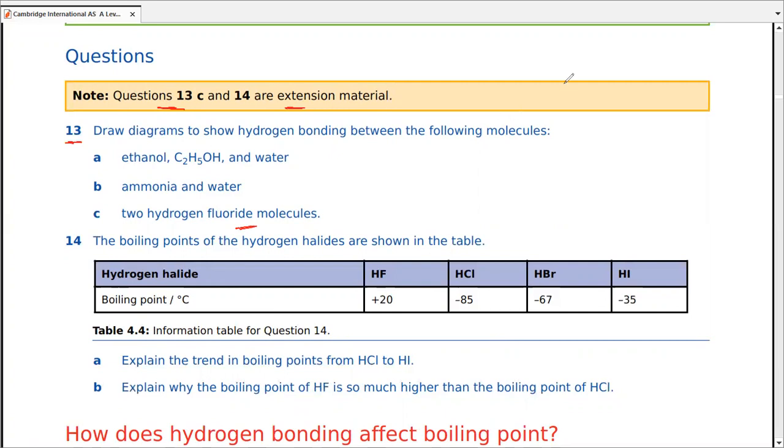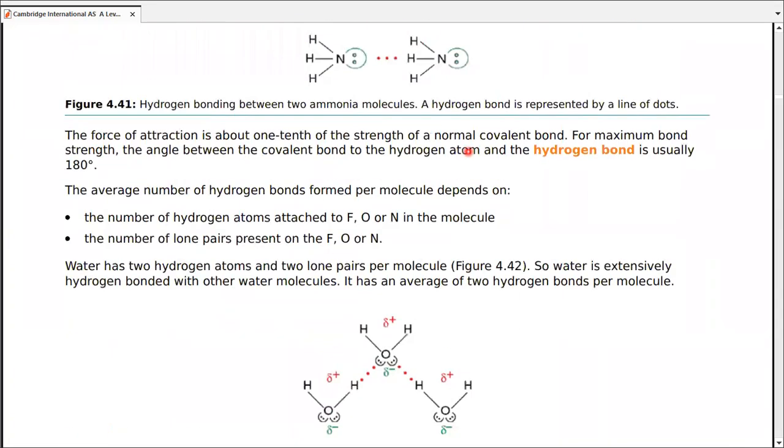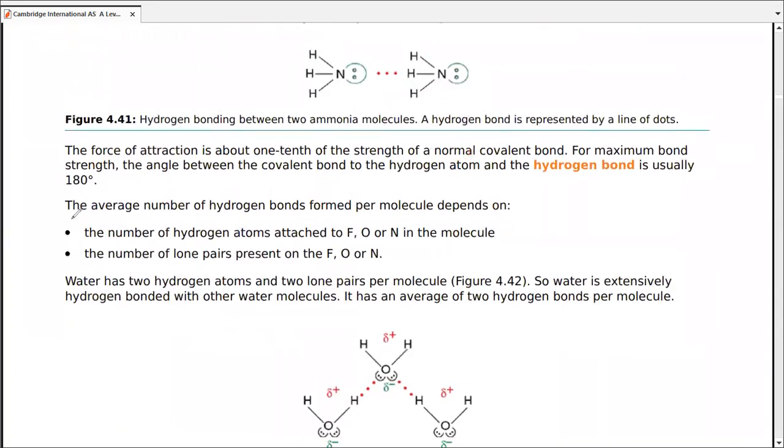Remember the 2 factors that you're going to consider. Those factors are these. All right. In this case, there are 3 lone pairs present, but the problem is HF is only attached to 1 hydrogen atom.